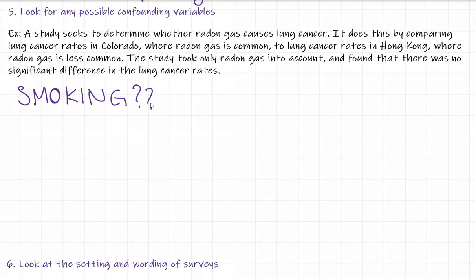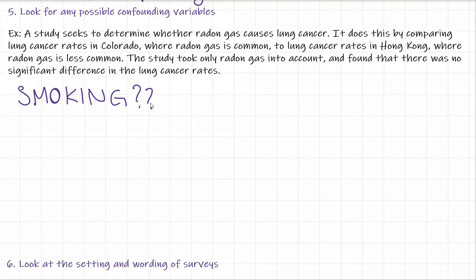Smoking in this study is the biggest confounding variable that they absolutely did not control for. Okay, and we talked about how dangerous confounding variables are in 1.3. This is how dangerous they could be. Because this study just said, oh, radon gas is not a big deal.